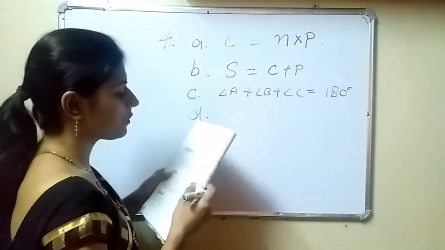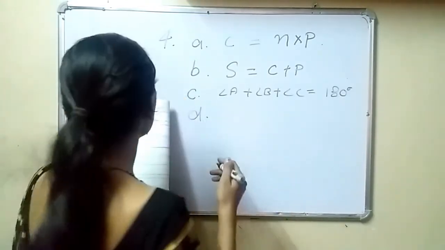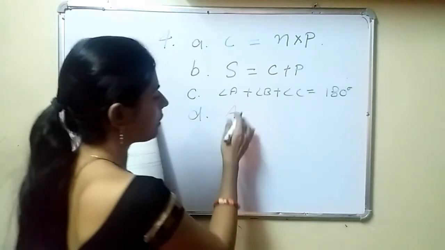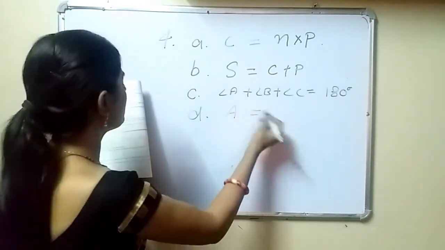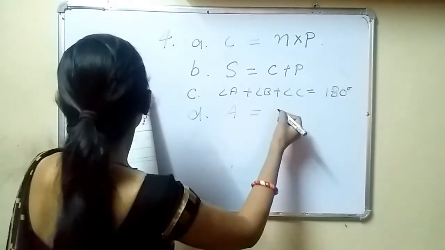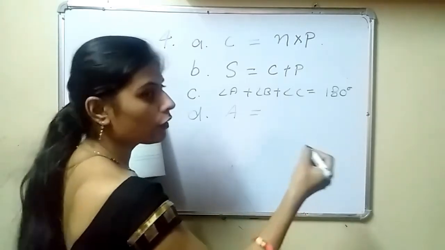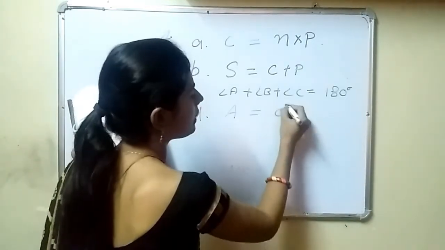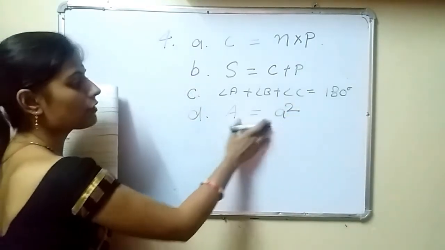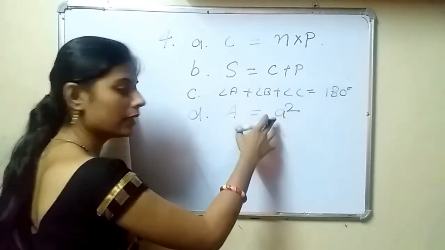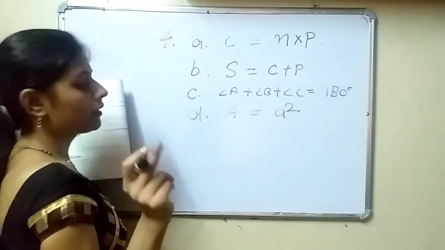Okay, now question number D. The area of a square is equal to the square of its side. Area of a square is equal to A squared, the square of its side A, where A is the side given here.